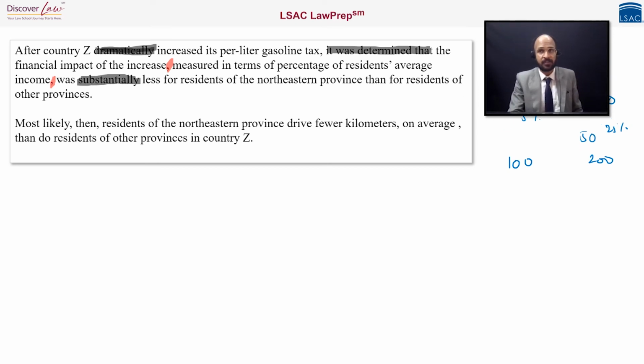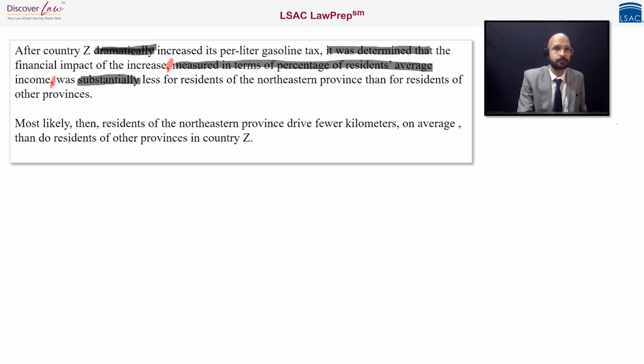We've understood this. So now let me just black that out so that we can focus on the essence of the sentence. So here we go. I black this out. Measured in terms of, I'm just blacking this out as well. Now let's read the sentence. It says, after country Z increased its per litre gasoline tax, the financial impact of the increase was less for the residents of the northeastern province than for residents of other provinces.